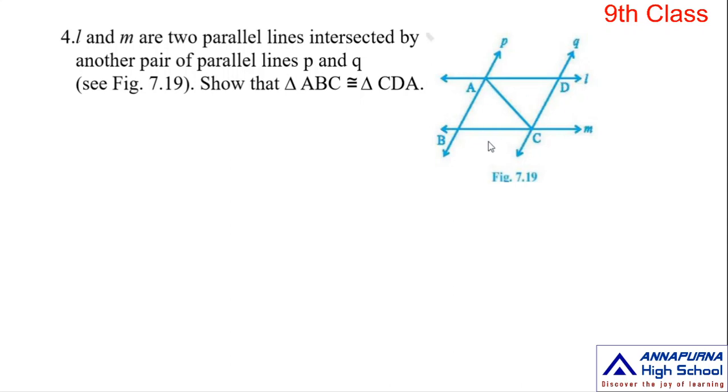ABCD is a quadrilateral. AC is the diagonal. The diagonal AC divides the quadrilateral ABCD into two triangles, one triangle ABC and another triangle CDA. Start the solution.